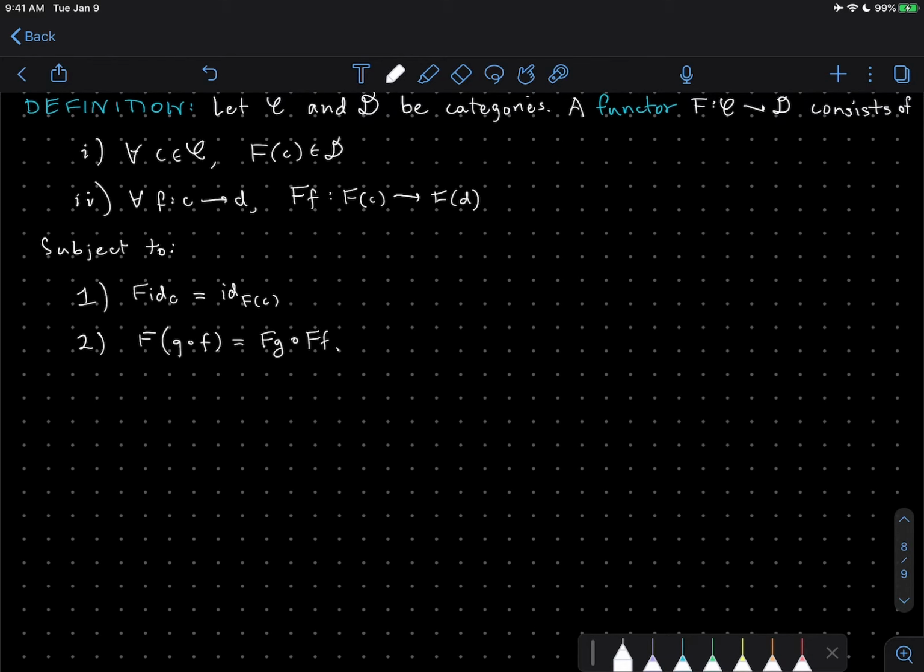Okay. Let me throw in a definition that I should have made a little bit earlier. Just let C be a category.